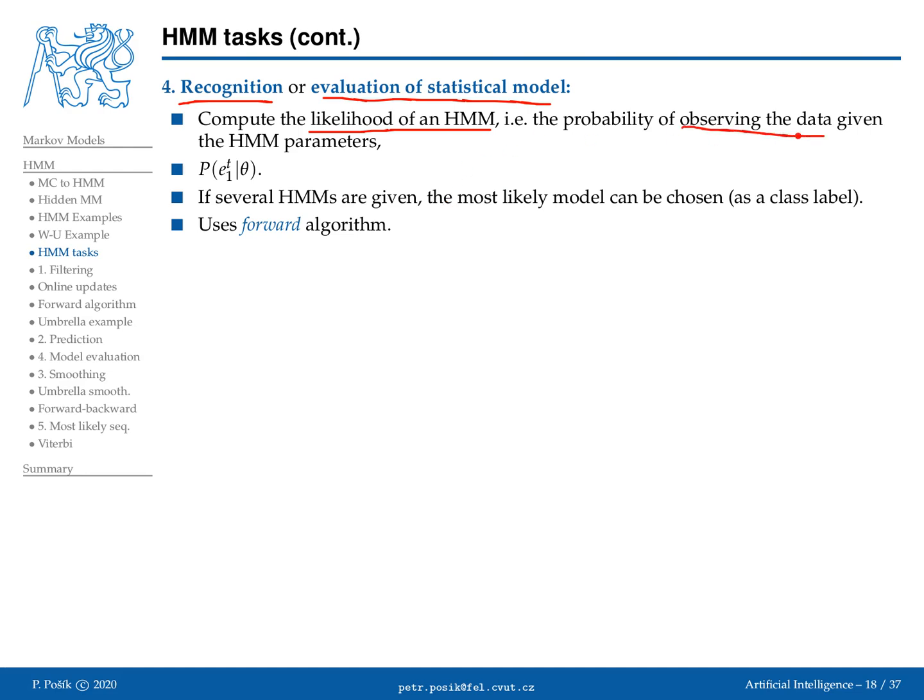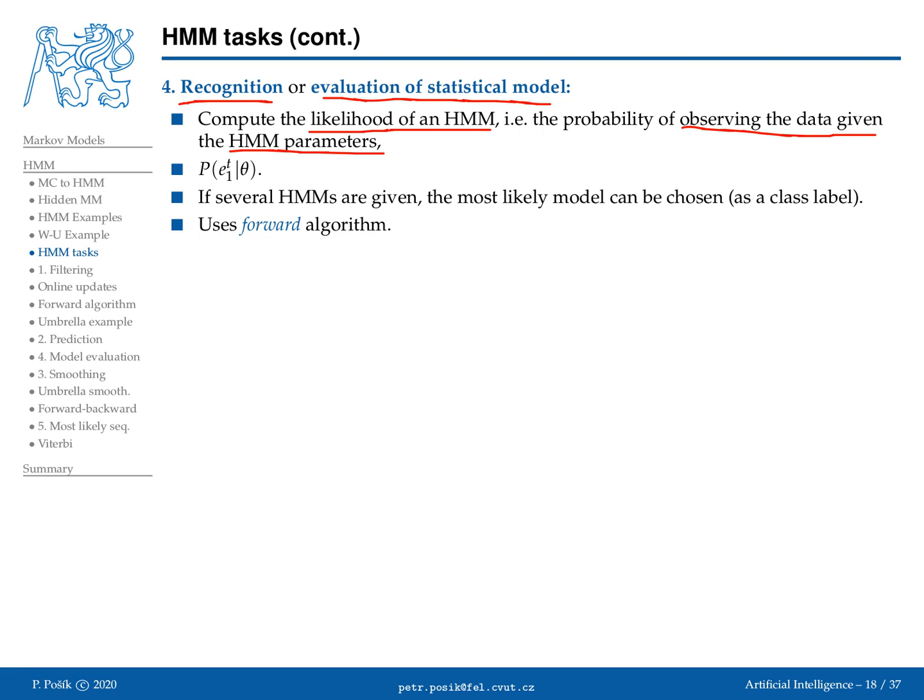Probability of observing the data given the hidden Markov model parameters. This will basically allow you to choose, if you have more hidden Markov models describing the same application area with different parameters, which of them is the most likely one that generated the data that you observe.